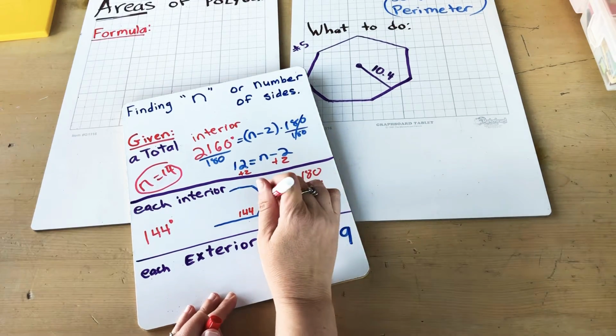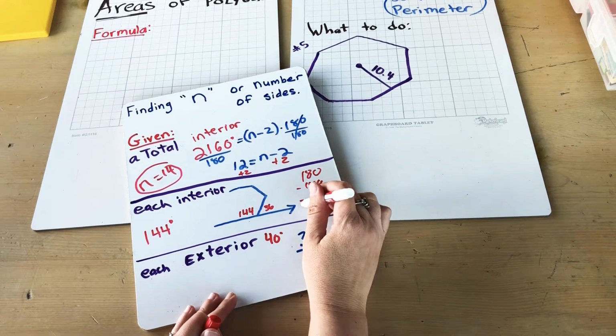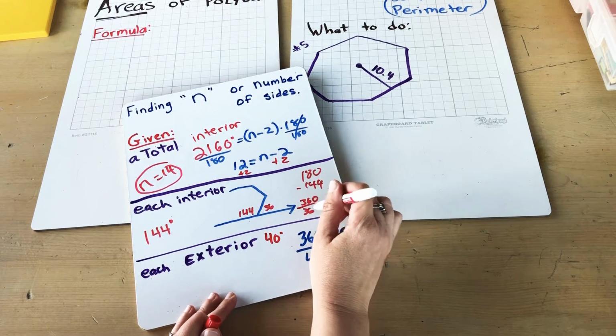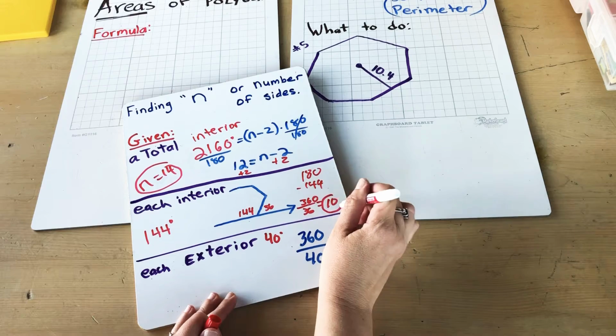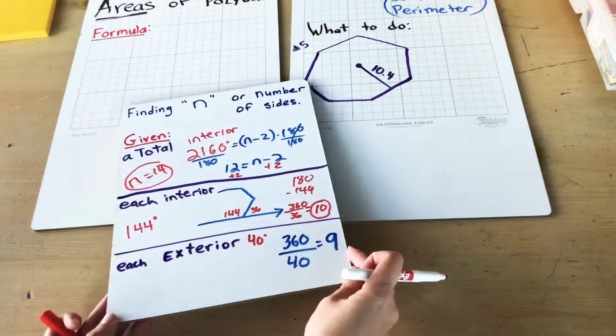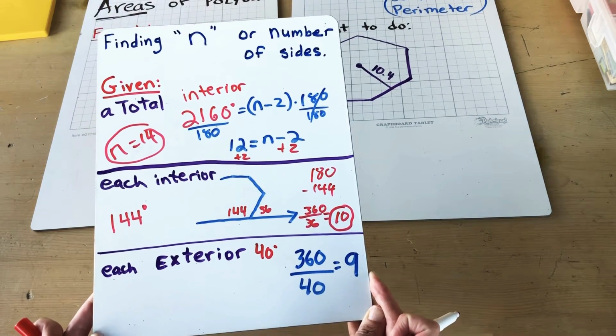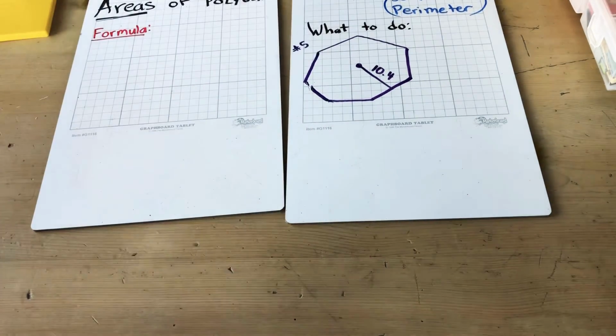So now I have 36, and I can do exactly what I did here. 360 divided by the 36, and I get an n of 10, or number of sides of 10. Okay, so that's a review of finding the n, just making sure that was clear, because some of you did the worksheet with wrong answers.